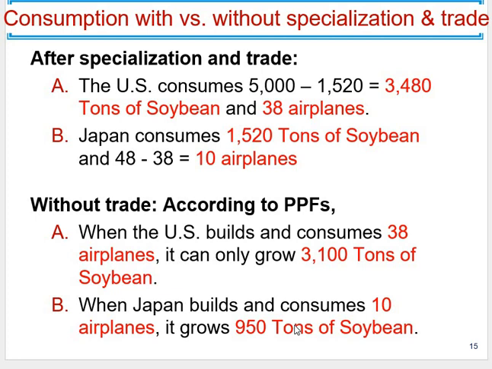So in this case, after trade, both countries, both Japan and the US, are better off. So we can draw the conclusion, right? Like we mentioned at the beginning of the chapter, trade can make everyone better off. And we proved this statement with the calculations based on the model given.